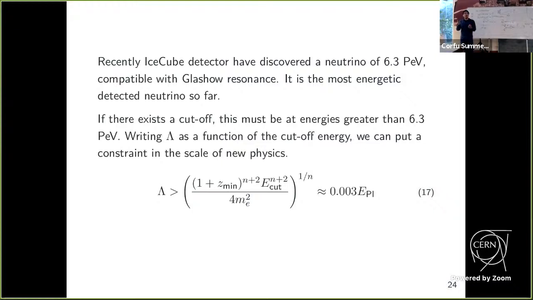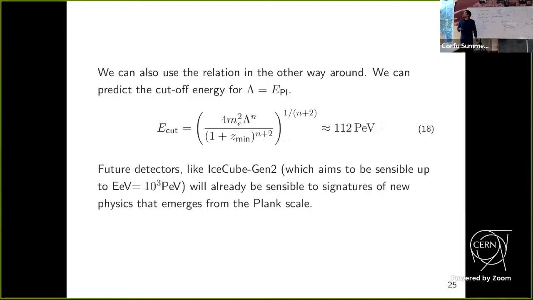But we can use this relation also the other way around. We can ask where the cutoff should be located for a certain value of the new physics energy scale. In fact, we are interested in a new physics energy scale near the order of the Planck scale. So if we put this in our equation for the cutoff, we get that this is around 100 PeV. 100 PeV is not that far as we could think at first.